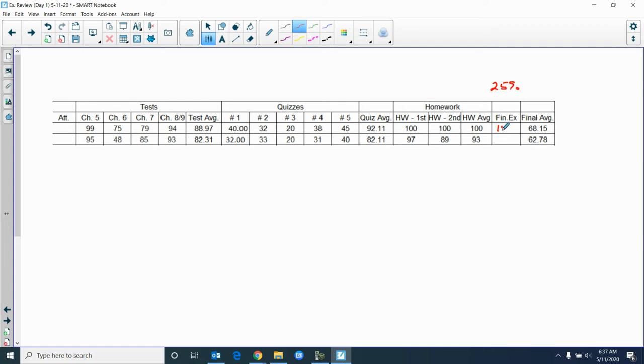So if you would get 100, basically add 25, and that would be the grade. So 78, 88, so a 93.15. Okay, if a person would get 100 here, that would be add 25. That would be 87.78.